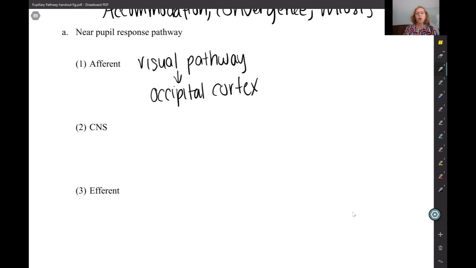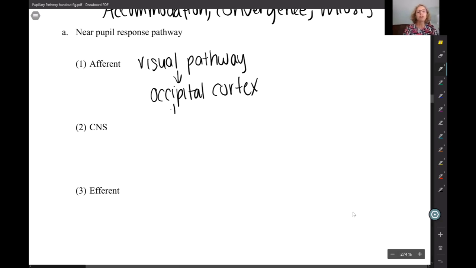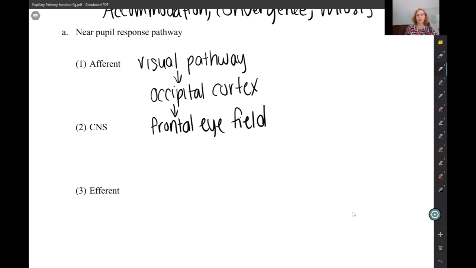From the striate cortex, a message is going to be sent from the occipital cortex to the frontal eye fields. This is part of the central nervous system portion of the near pupillary pathway.